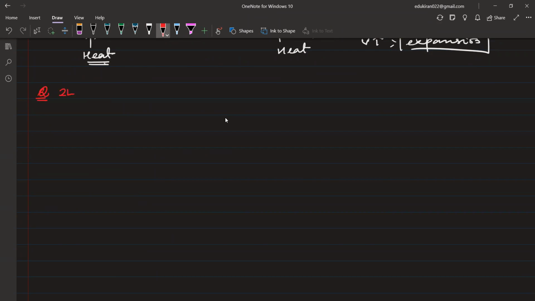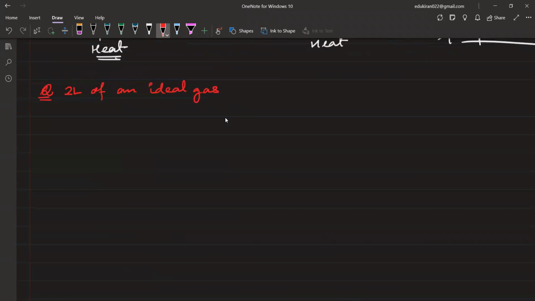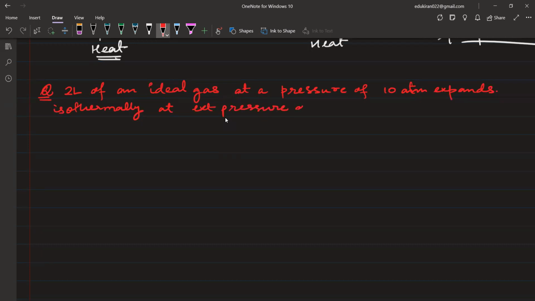Two liter of an ideal gas at a pressure of 10 atm expands isothermally at external pressure of 1 atm.